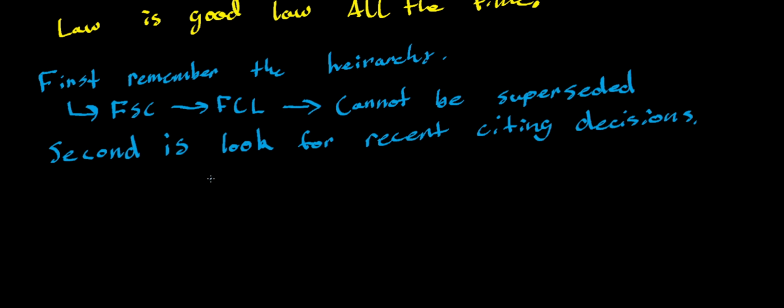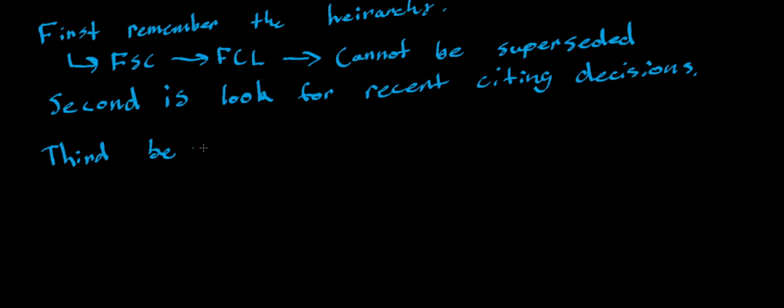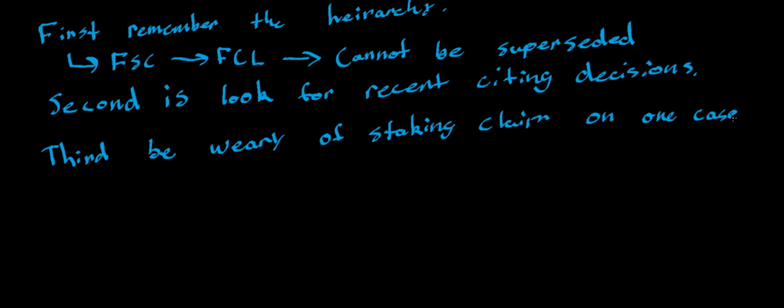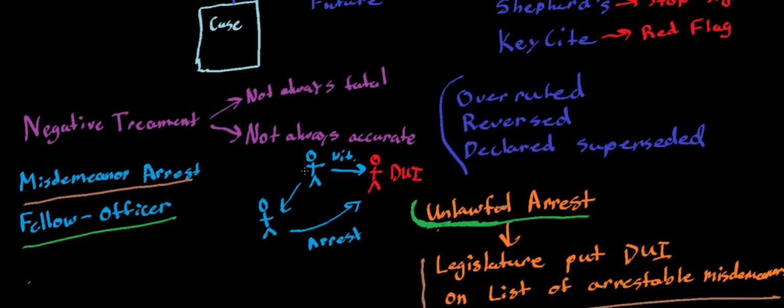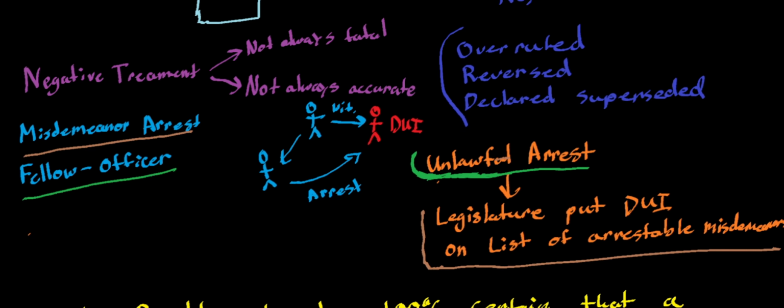And then the third is be wary of staking a claim on one case. And that probably was the most significant error with this attorney that cited the case about the fellow officer rule.